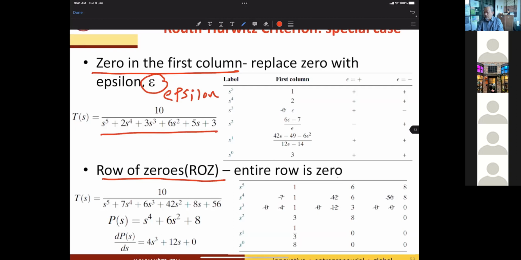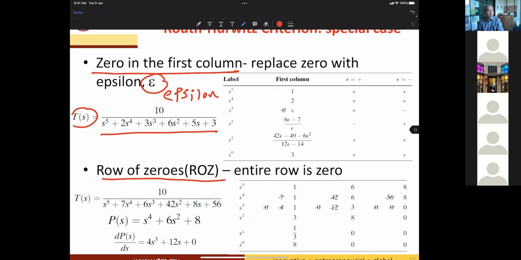Here is the closed loop transfer function T(s), and the denominator equal to 0 is the characteristic equation. We insert the values 1, 2, then 3, 6, and 5, 3. We see that a zero in the first column occurs, so we replace it with epsilon.